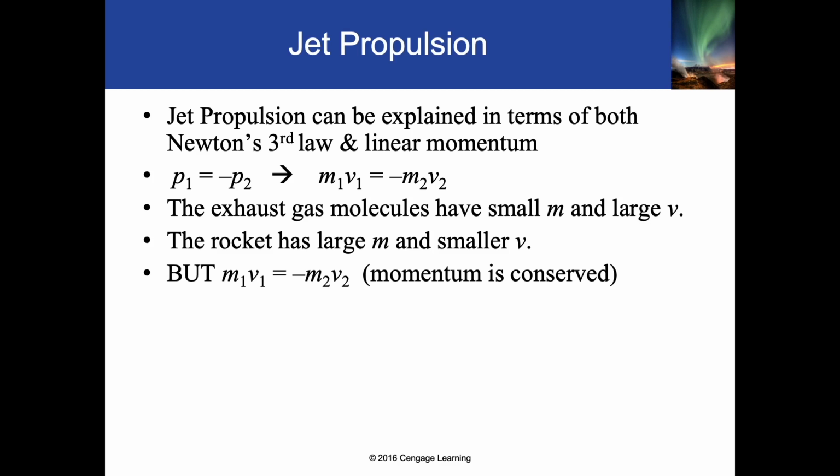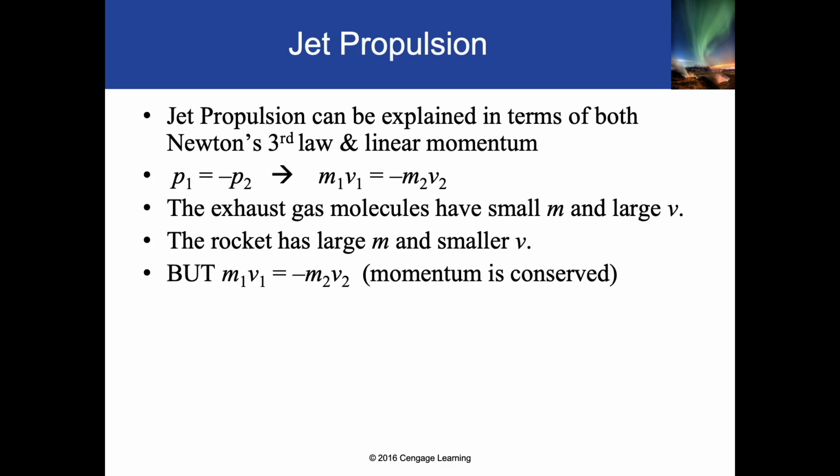Then also mass 1 times velocity 1 equals the negative of mass 2 times velocity 2, right? So the exhaust gas molecules have a very small mass, but they have a very large velocity. Makes sense because the molecules are super small.